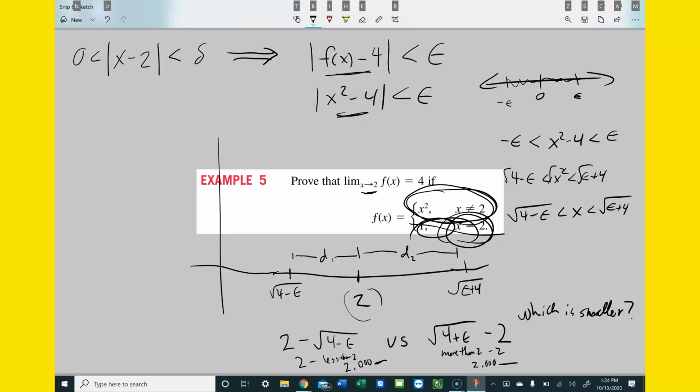But I can still accomplish what I'm trying to accomplish in the problem by saying that delta is equal to the minimum of 2 minus the square root of 4 minus epsilon and the square root of 4 plus epsilon minus 2.